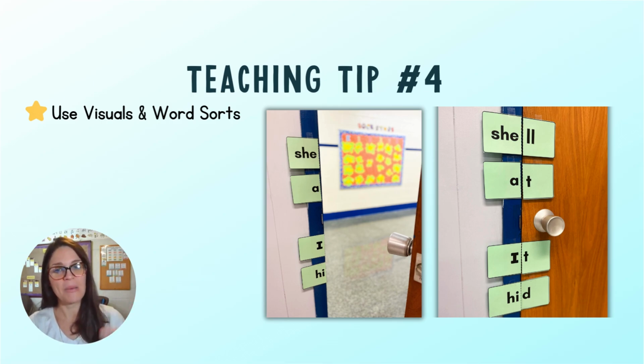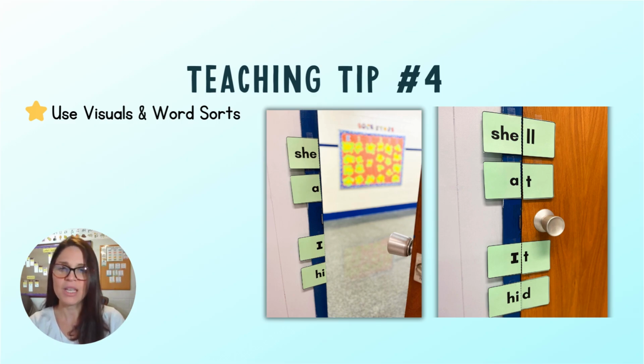I taped some ending consonants to the actual door. And now we see how the vowel sound shifts when the syllable type shifts, right? So now we have these closed syllable words where the vowel sound is no longer long, but it is short. So "shell", "at", "it", "hid", they can now hear the short vowel sound. So this is really powerful for your students and they enjoy it.